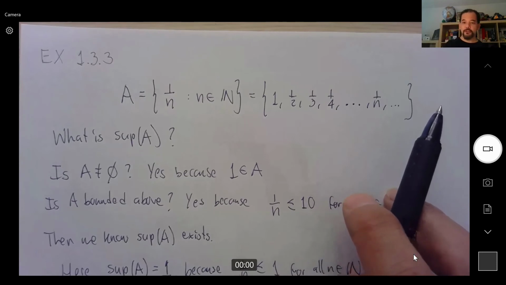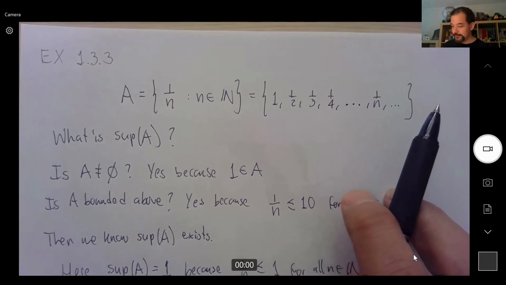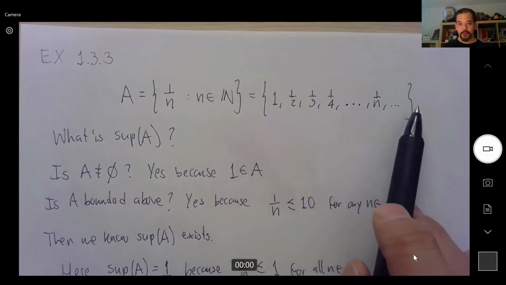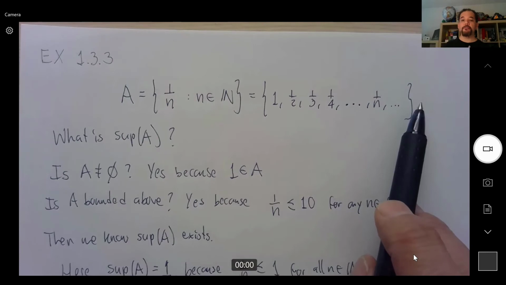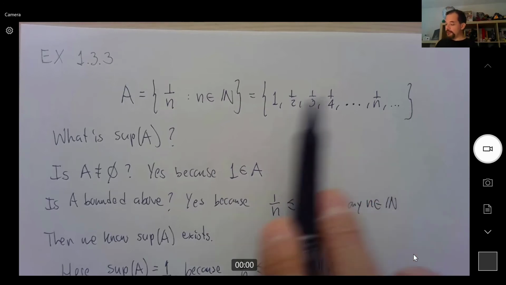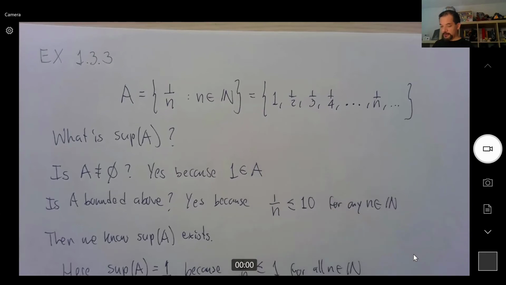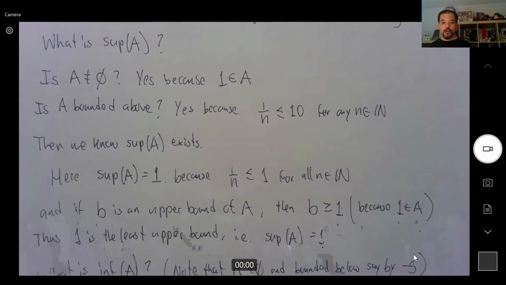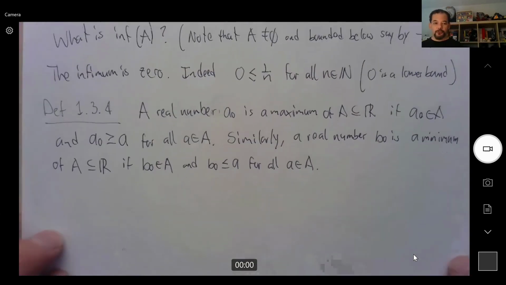That axiom does not exist. Here's an example that shows it's not true. The axiom tells you that there is an infimum or a supremum, but it doesn't tell you that there's a minimum or a maximum. Sometimes there isn't. Here there is no minimum, so there is no guarantee that you get maximums or minimums.